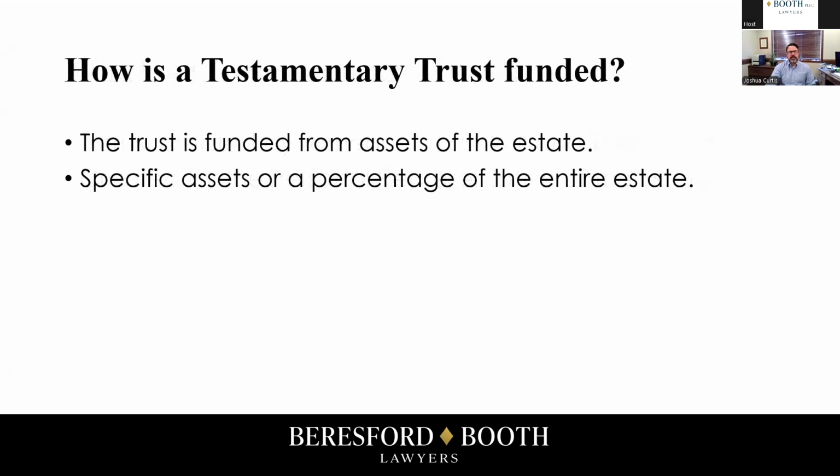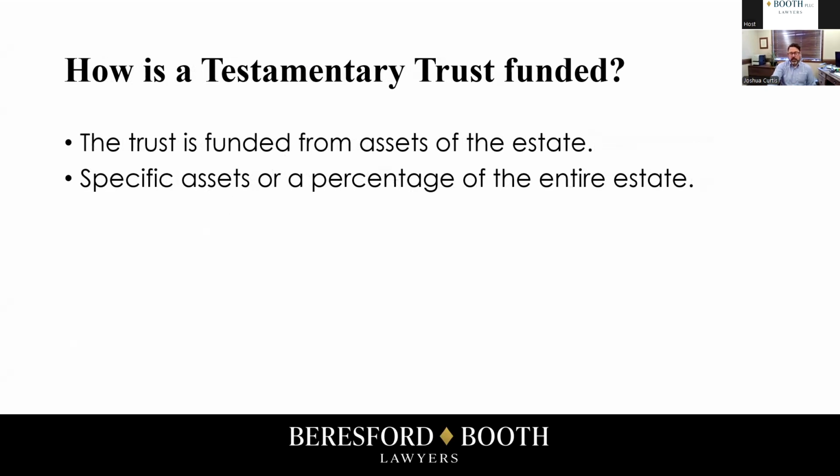And here, the next slide is how is a testamentary trust funded? So it's funded with assets of the estate, and this can either be a percentage of the whole, like 20% of my residual estate goes to John Doe as trustee for Jane Doe, as an example. Or it can be specific assets.